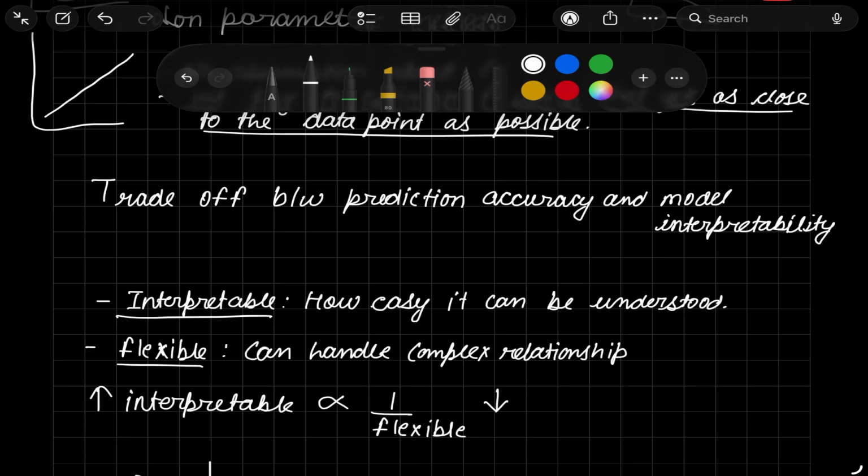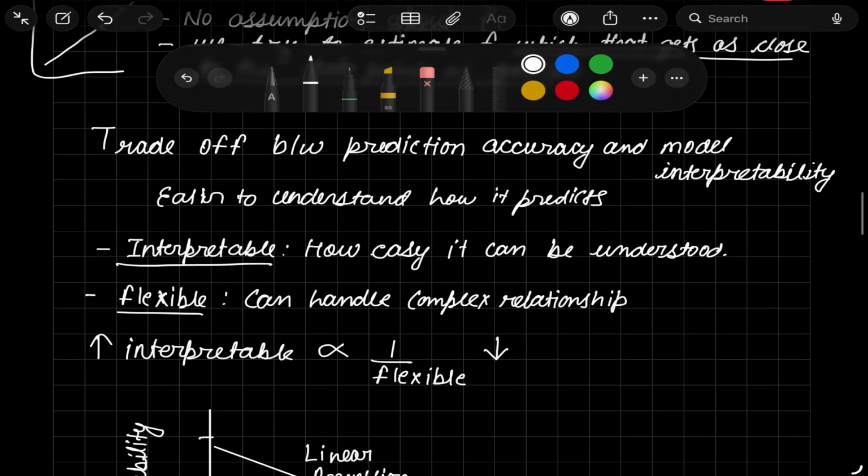The easier it is to understand how the model makes predictions, the more interpretable it is.